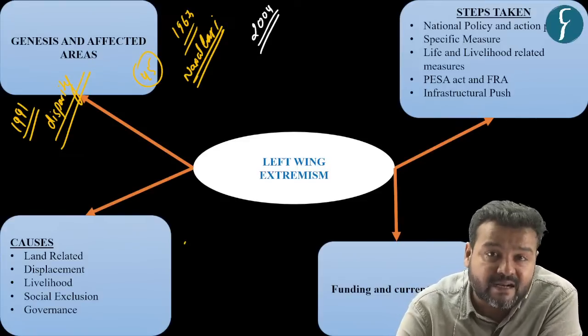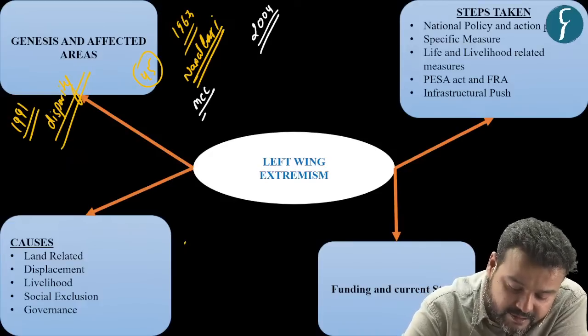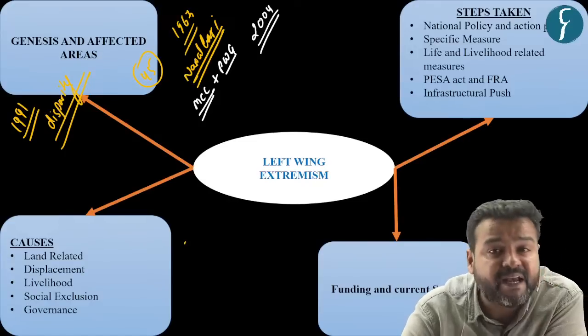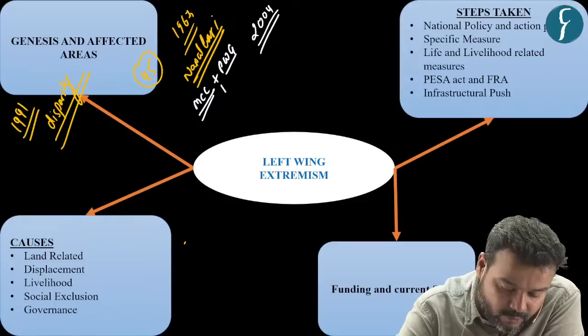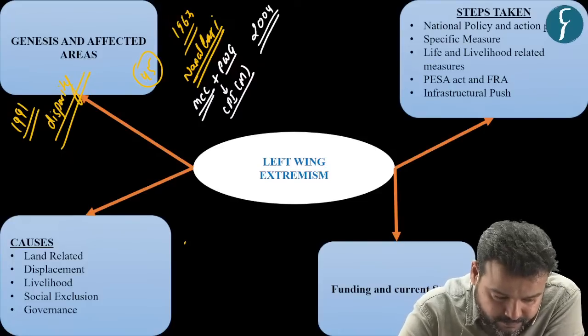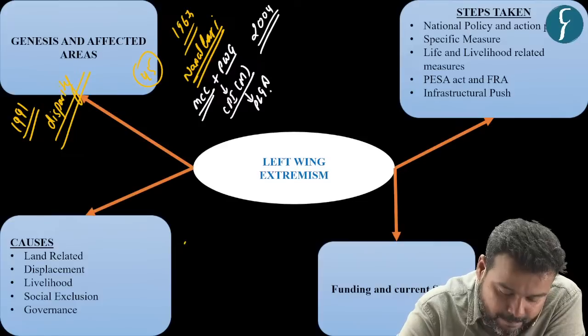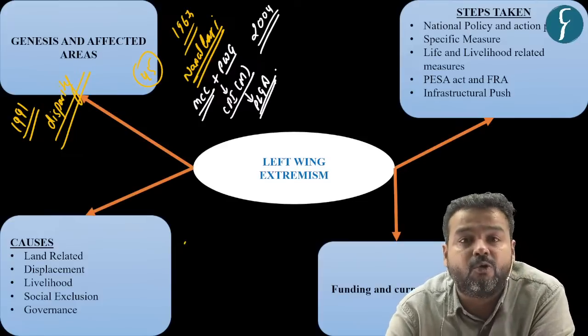Two of the largest groups, the Maoist Communist Center, that is MCC, and the People's War Group, that is PWG, came together to form CPI Maoist. And their armed wing was named the People's Liberation Guerrilla Army.